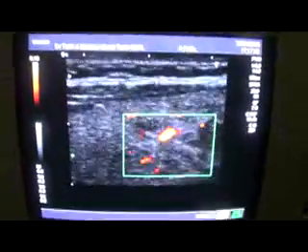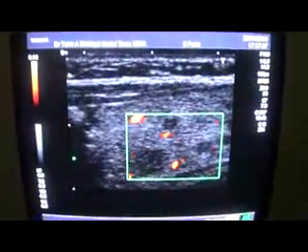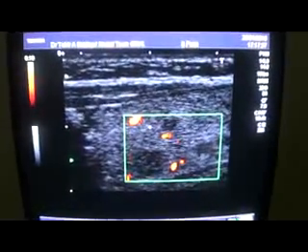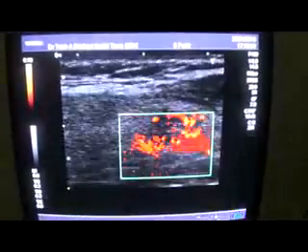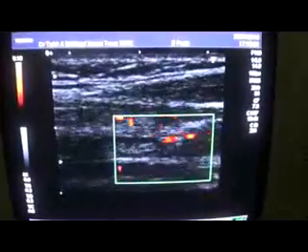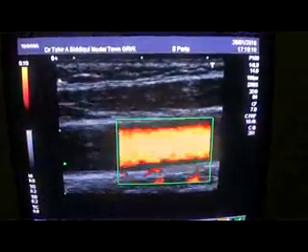So again, not to confuse these two areas with any significance. These are the parathyroid glands. This is the common carotid artery. Common carotid artery.